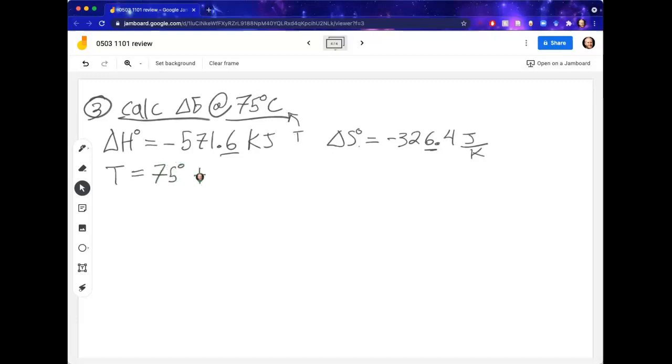So in this case, 273.15, we add that to our 75 degrees Celsius, and we're going to get the temperature in Kelvin. So 75 plus 273.15, and do always use the 0.15 on the exam. That is the officially correct conversion.